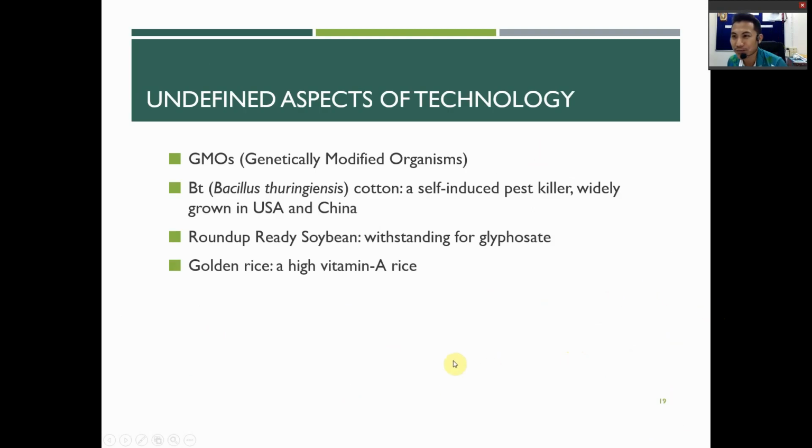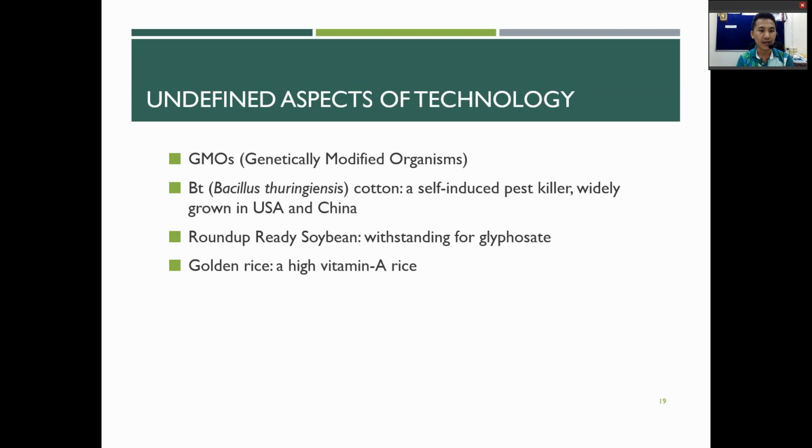There is also some sort of in-between, I would say undefined, aspect of technology that nowadays we can't judge whether it's really good or really bad. Something like GMOs, genetically modified organisms. You probably heard about that.